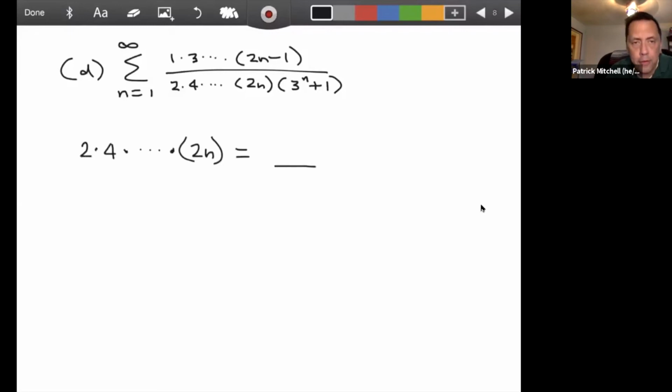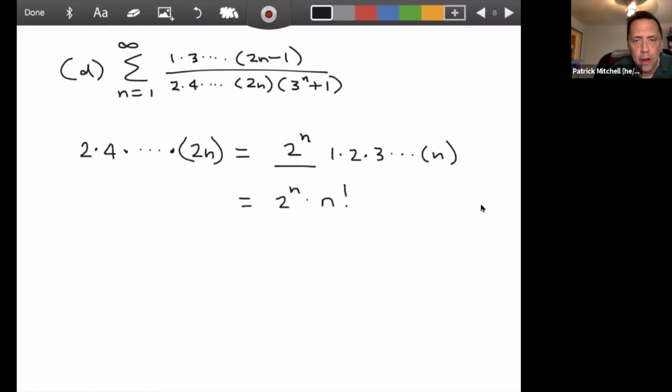If I removed a factor 2 from each of those, I'd be left with 1 times 2 times 3 times ... up to n. And how many factors of 2 did I break off? I broke off n factors of 2. So that means I could put a 2 to the n in front. So the even number factorial can be formed by taking 2 to the n times n factorial.